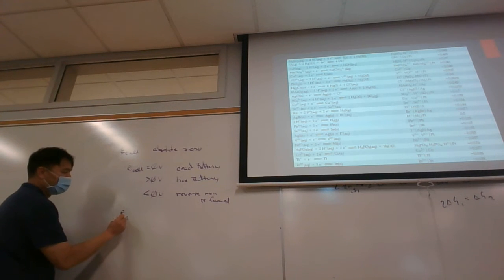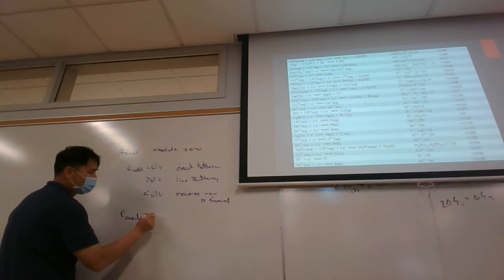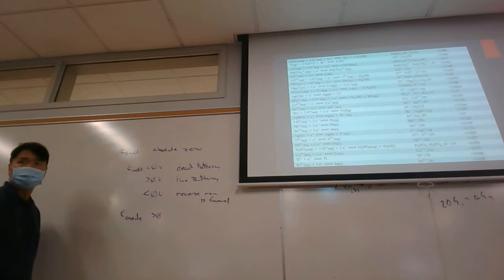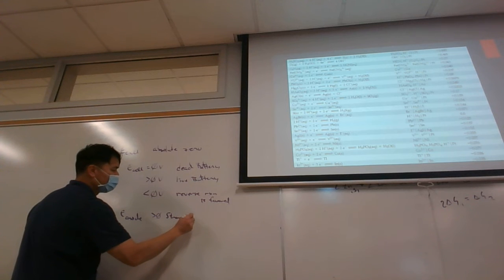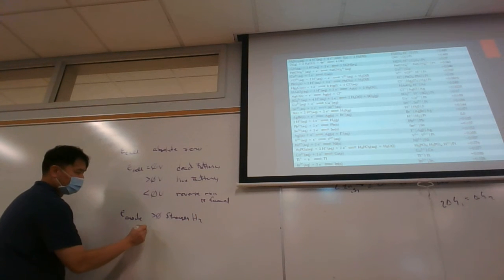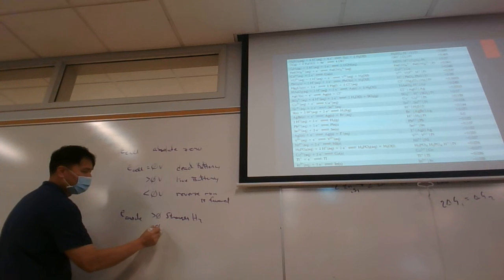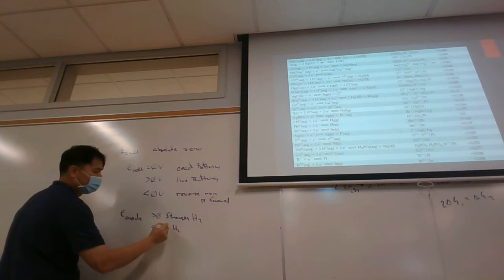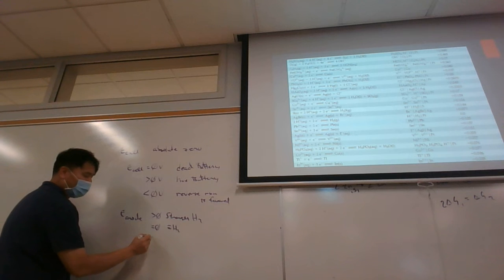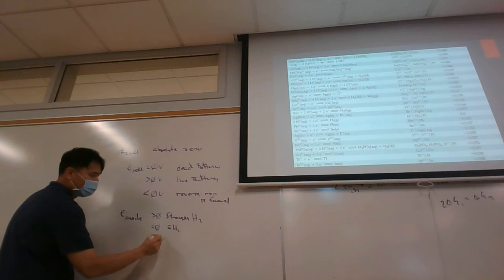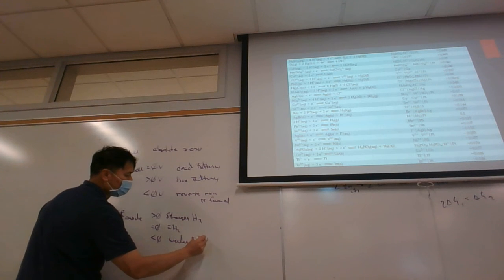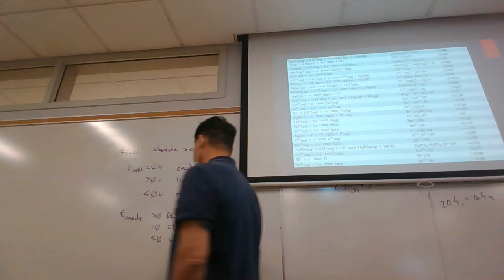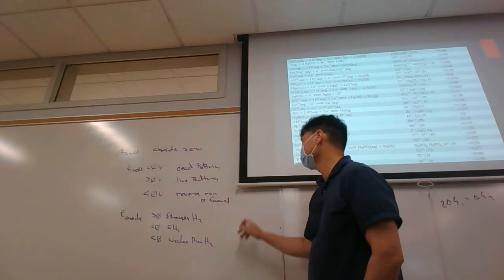However, when we're looking at anode potentials, an anode potential greater than 0 means what? It means stronger than hydrogen, H2. An anode potential of 0 volts means we're hydrogen by definition. An anode potential of less than 0 volts means weaker than H2, H2 being your reference reducing agent.